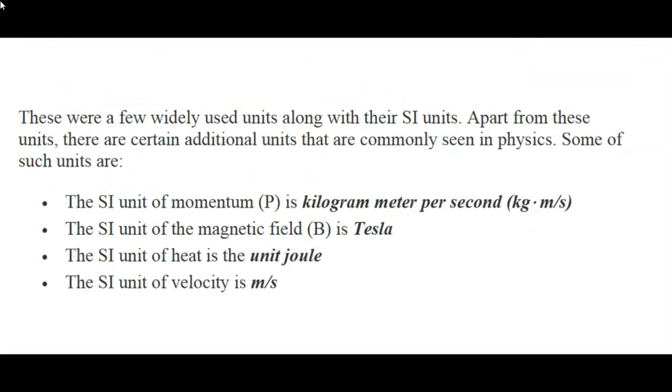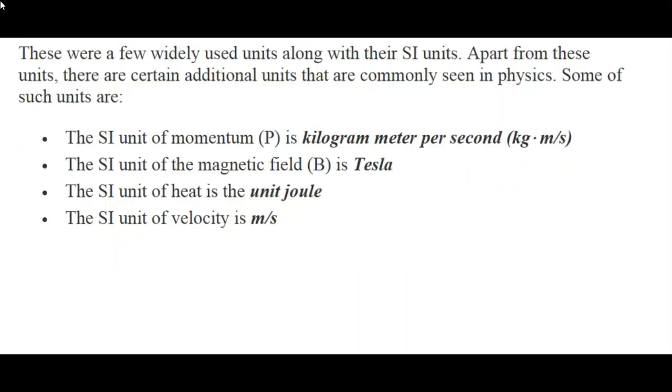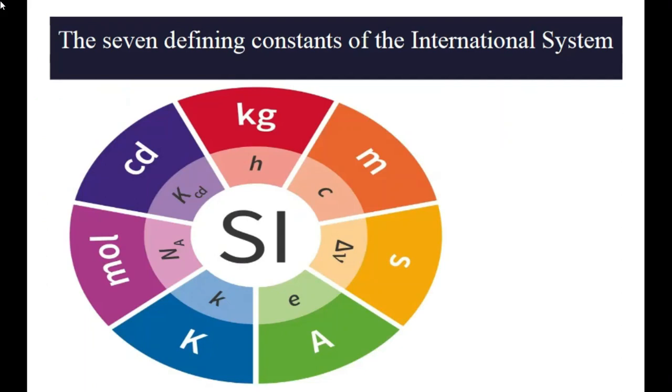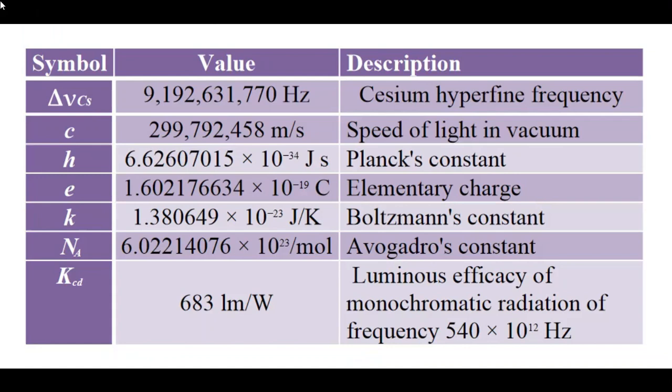Some of them are the SI unit of momentum, SI unit of magnetic field, SI unit of heat, and velocity. The 7 defining constants of the international system of SI units are cesium hyperfine frequency, speed of light in vacuum, Planck's constant, elementary charge, Boltzmann's constant, Avogadro's constant, and the luminous efficacy of monochromatic radiation of frequency.